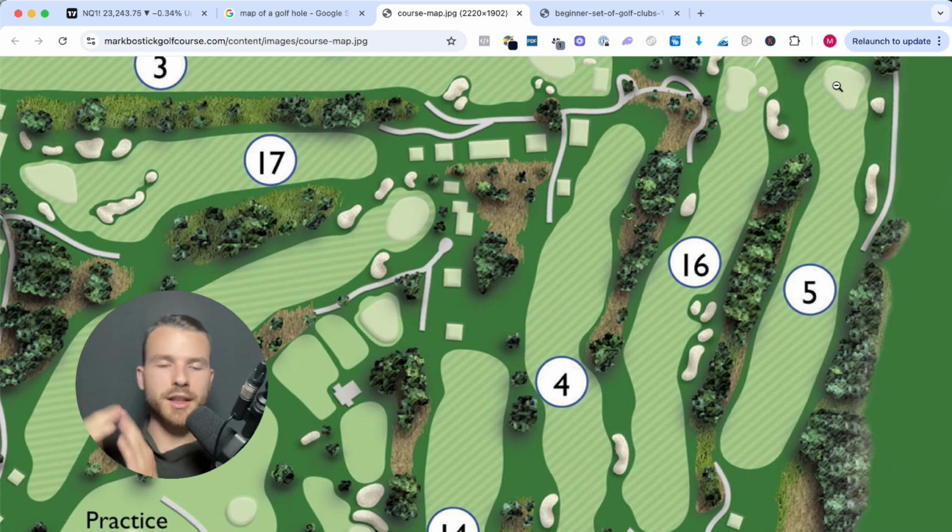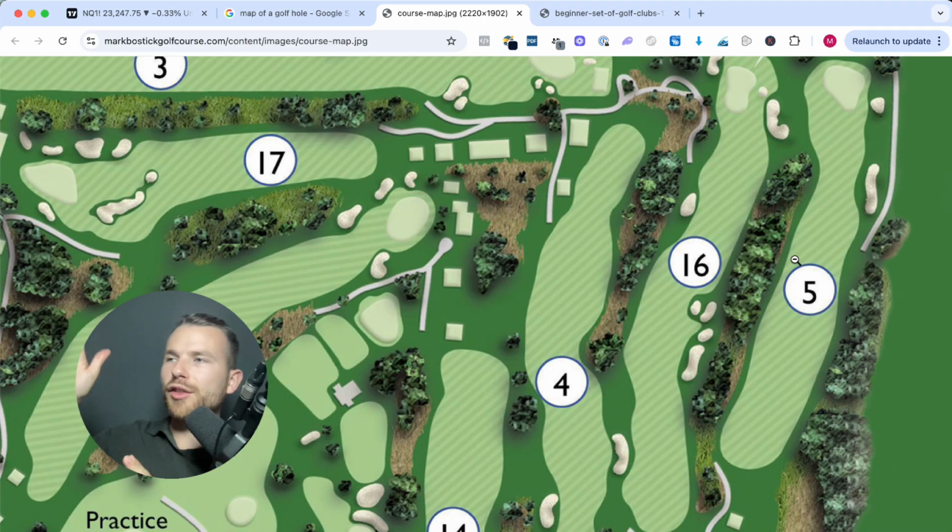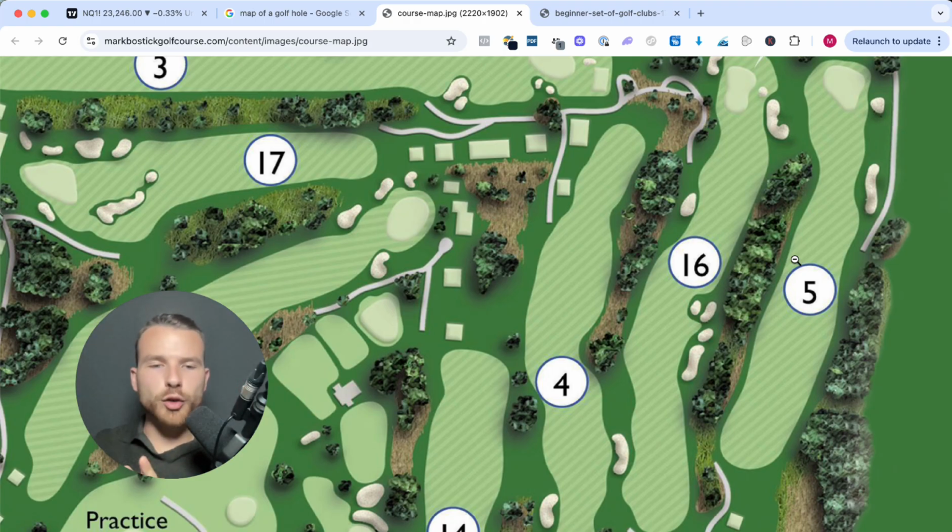Now the goal is to get it far and somewhere at least inside this range. You don't really care if you are 2 yards this way or 10 yards that way. It doesn't really matter as long as the ball travels a long way, so you get closer to the hole. So the goal with the driver is to get you as close to the hole as possible.